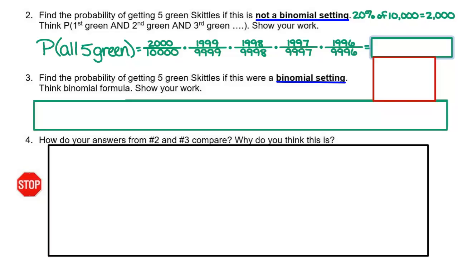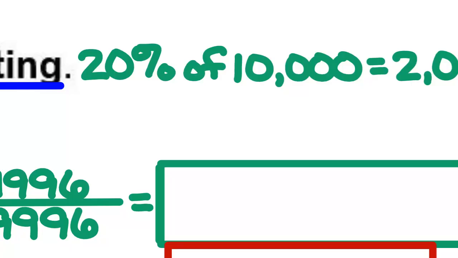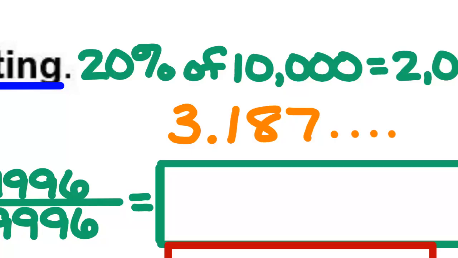I want you to convert it into a number that's not in scientific notation. So write it just in its decimal form. What did you get on your calculator screen when you did this? What was your scientific notation? Yeah, what did the calculator say? 3.187 something, right?